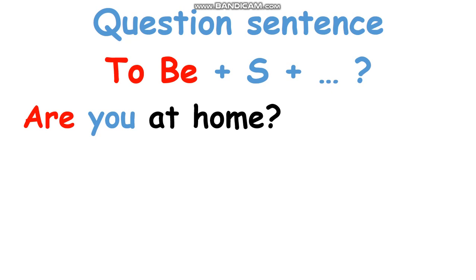Other sentences like positive and negative sentences have the subject and then the verb to be. But the question is different. You use the verb to be in front of the subject. So why do we use are? Because of the subject you, right?